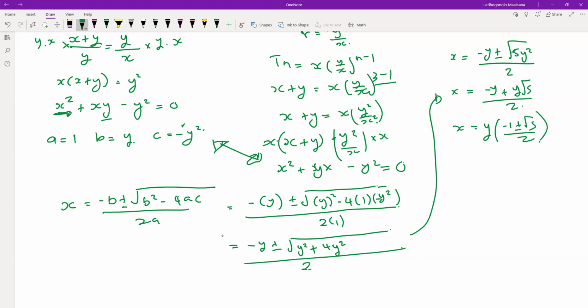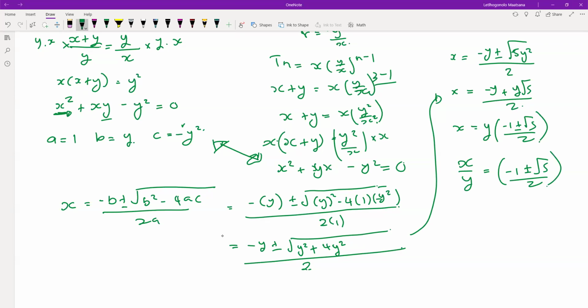All of this should be equal to x. Then we can go ahead and divide both sides by y. So x over y would be equal to negative 1 plus or minus the square root of 5 over 2.